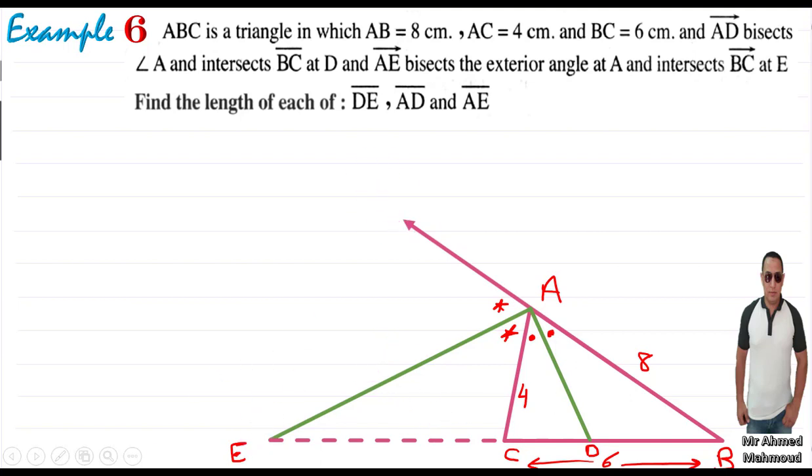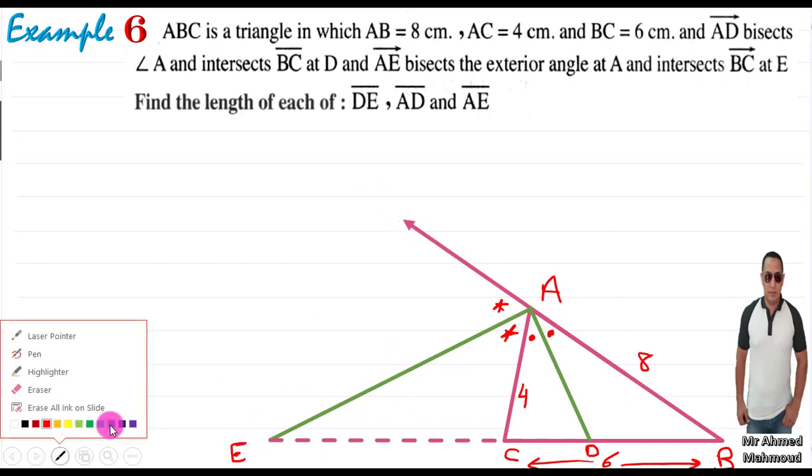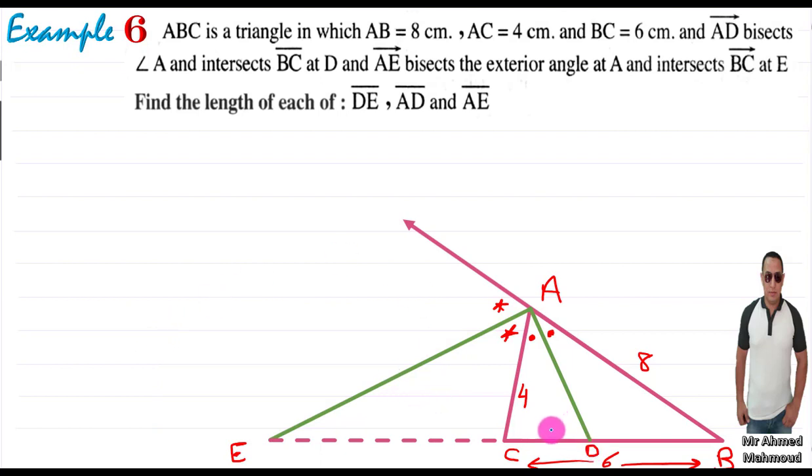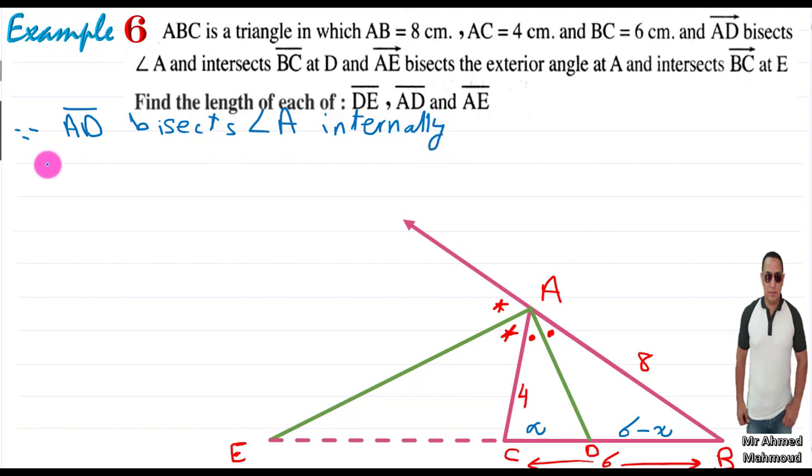Okay. First, I'm going to call this one X. So this one is 6 minus X. Since AD bisects angle A internally, therefore X over 6 minus X equals 4 over 8.